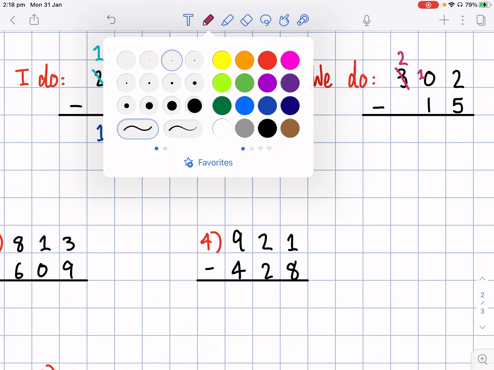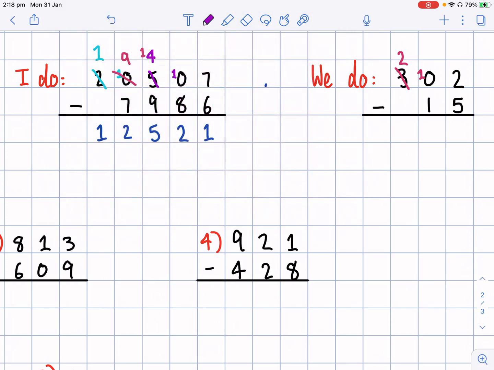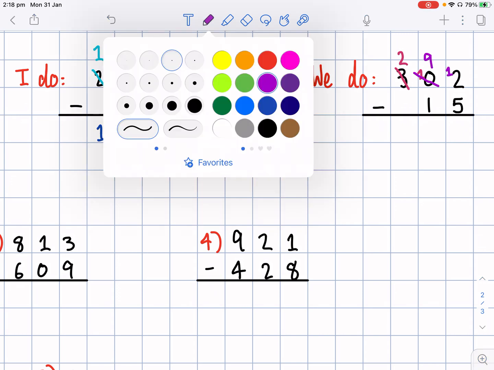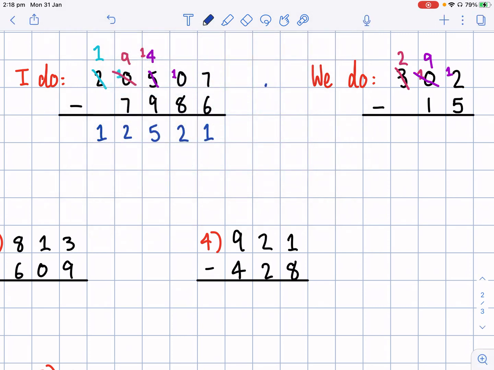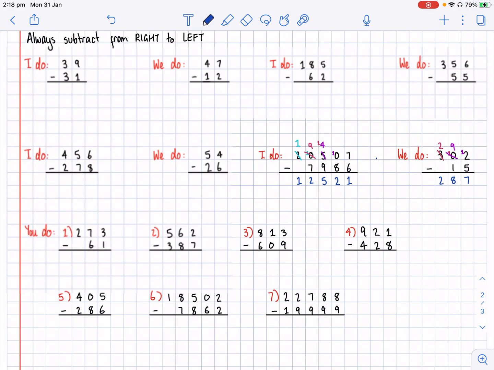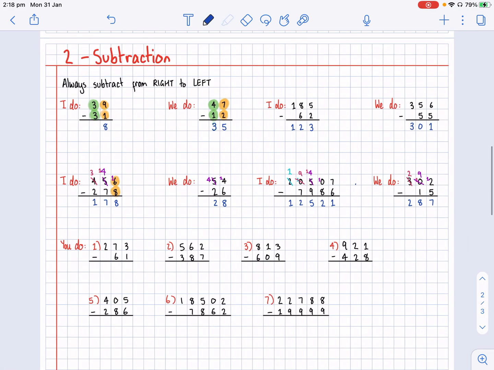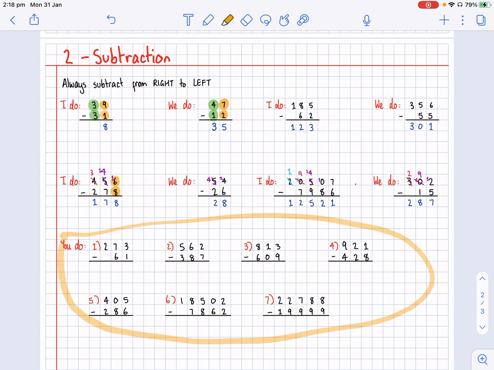And then we're going to steal from it already. It's going to become a 9. And this is going to become a 12. After all that, 12 minus 5 is 7. 9 minus 1 is 8. And then we've got 2 minus nothing underneath it, 287.